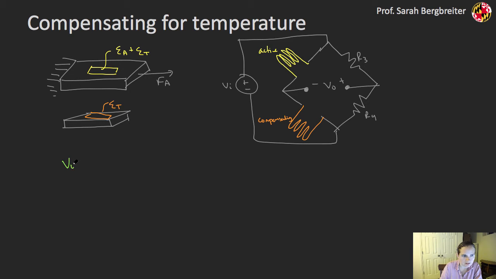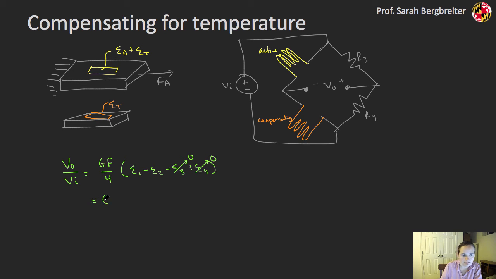So if I look at the output of this bridge, I can look at this as a full bridge and then just set R3 and R4 to 0. So I have my gauge factor over 4 times epsilon 1 minus epsilon 2 minus epsilon 3 plus epsilon 4. Right? These two are 0, as I just mentioned.